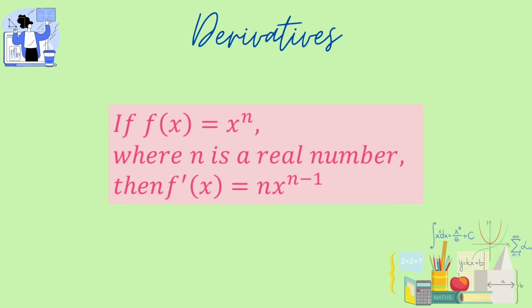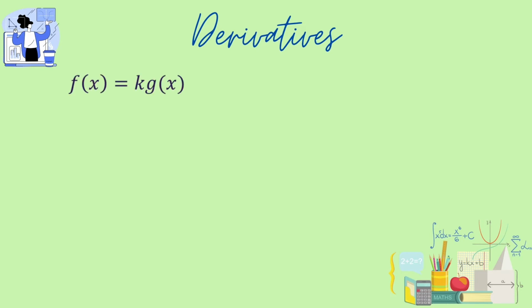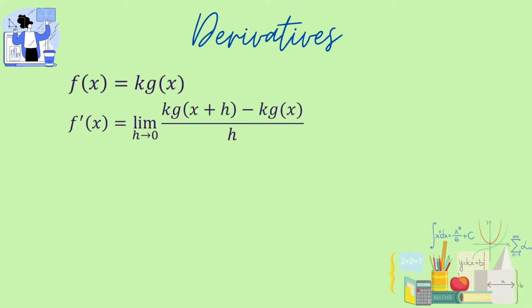For the next function, we are given f of x equals k times g of x. Applying the definition of a derivative, f prime of x is equal to the limit as h approaches 0 of the quantity k times g of x plus h minus k times g of x all over h.